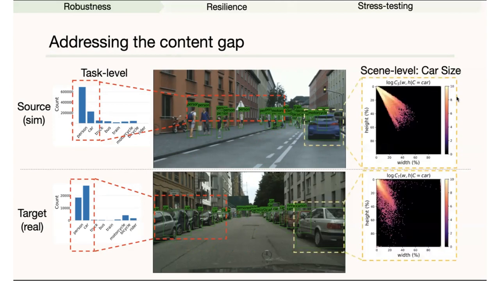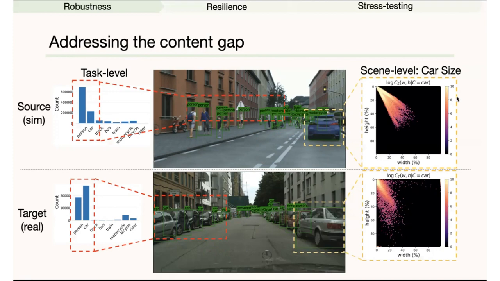And a slightly more subtle notion of content gap is in scene layout, right? So if you consider, say, the car class, and look at the distribution of car sizes, here we're showing a heat map of the normalized count of car sizes, expressed as the width and the height of the ground truth box as a fraction of the size of the entire image.